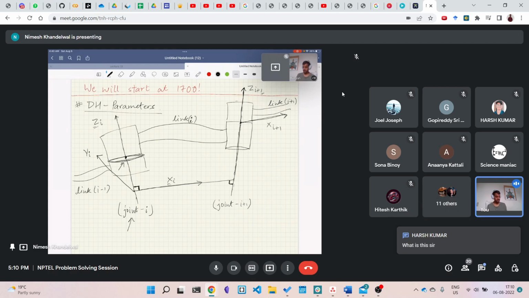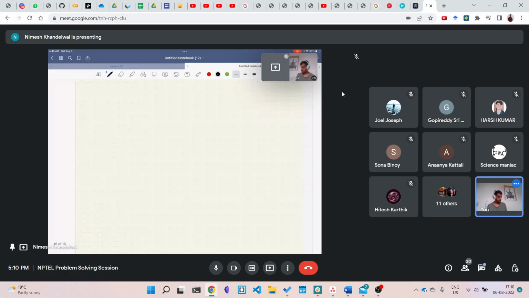What is this? This is a general manipulator. You must have seen some manipulators like this, right? And there is some gripper or end effector here.